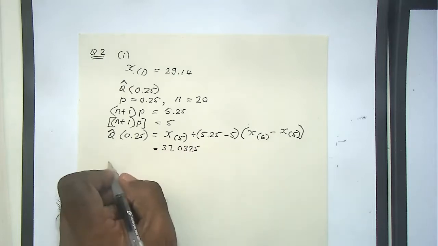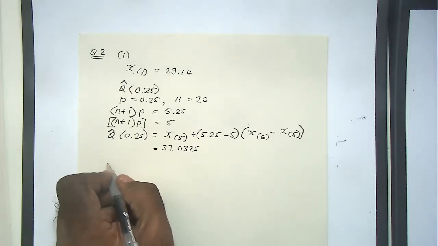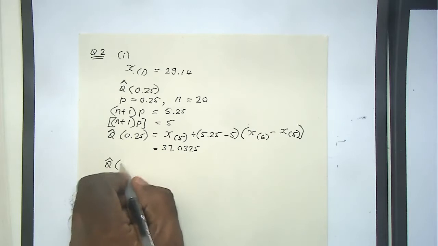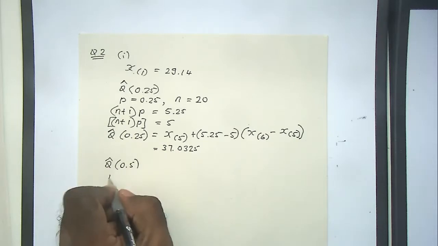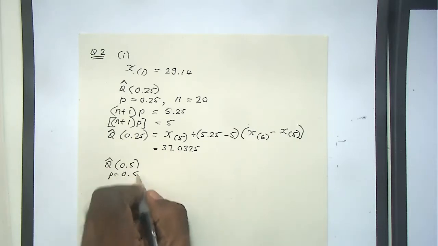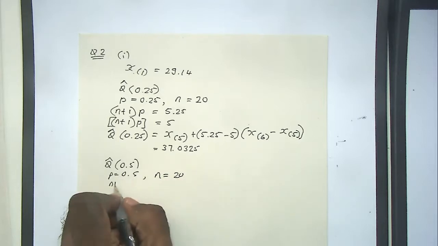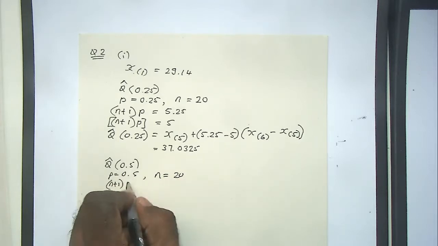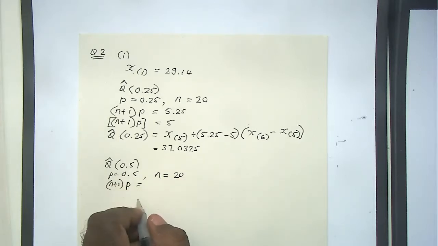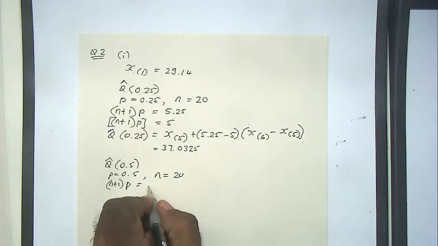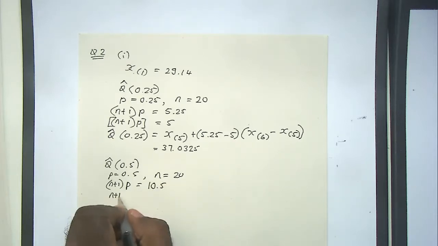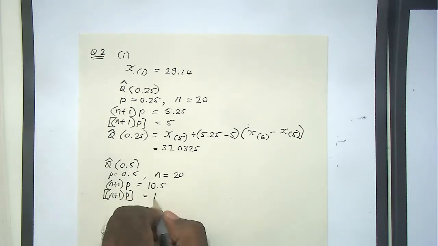The next one is the median, which is Q hat at 0.5. Your P is 0.5, your N is 20, so (N plus 1) times P is 10.5, and the integer part is 10.